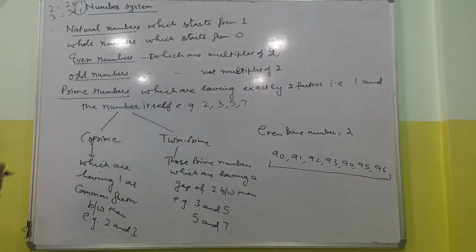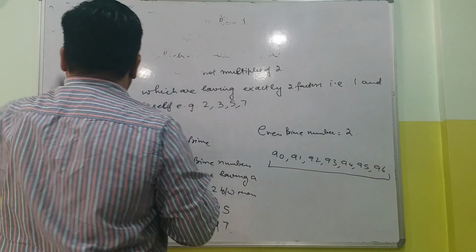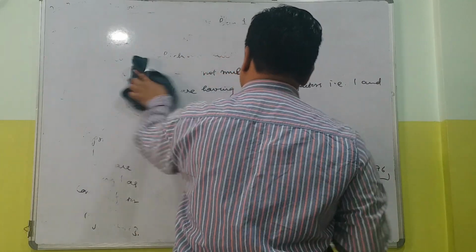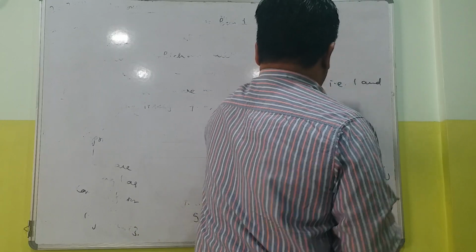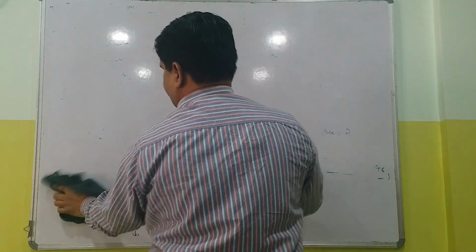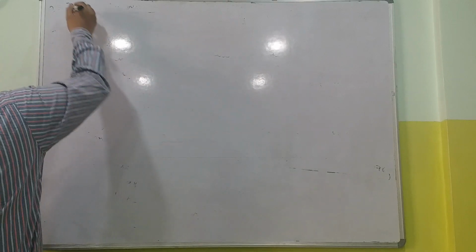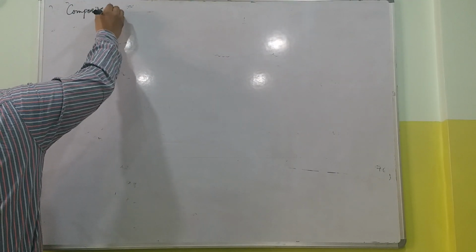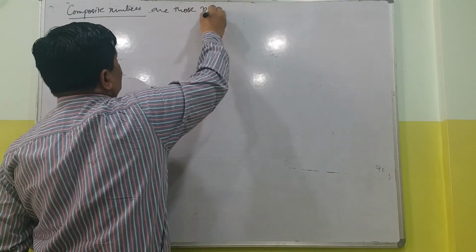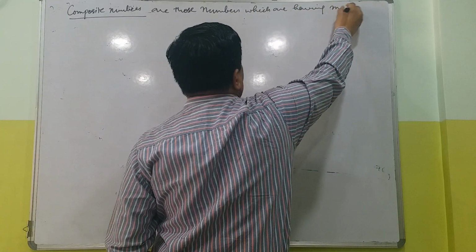Then composite numbers. Composite numbers are those numbers which are having more than two factors.